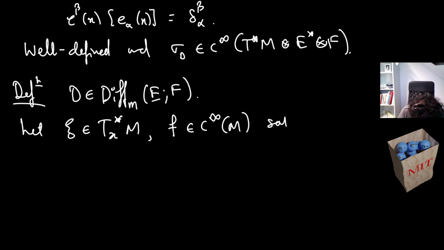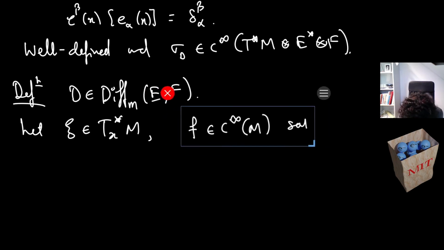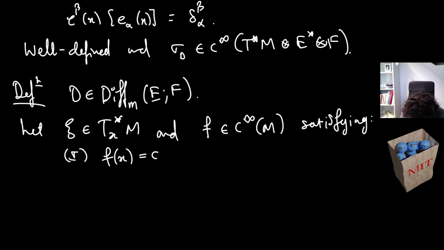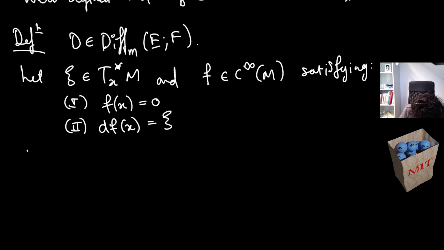So, f satisfying, what? I want f at x to be equal to 0, and I want df at x to be equal to psi. Okay? Now fix a v in, say, the fiber E of x.